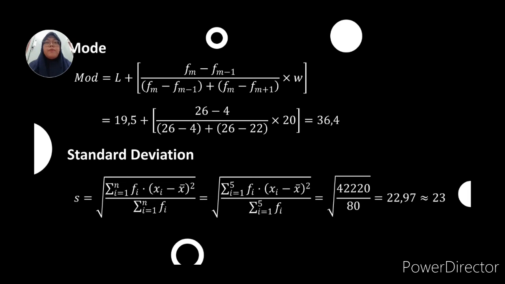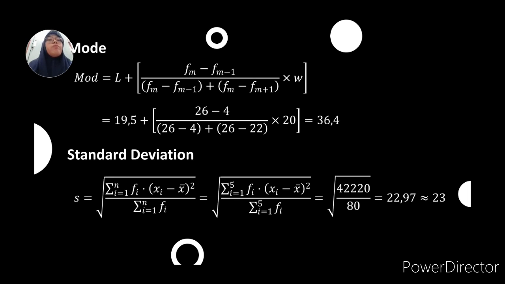I will explain it. L is the lowest class boundary of the mode group. F subscript M is the frequency of the mode group. F subscript M minus 1 is the frequency of the group before the mode group. F subscript M plus 1 is the frequency of the group after the mode group.